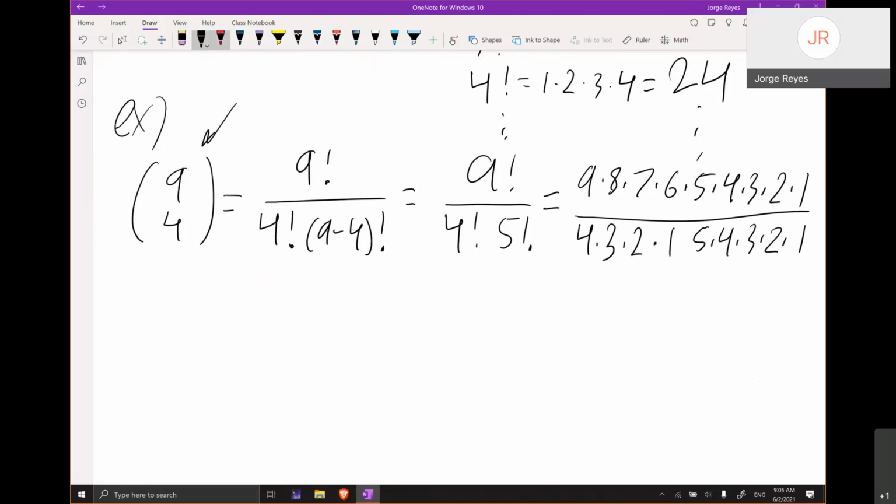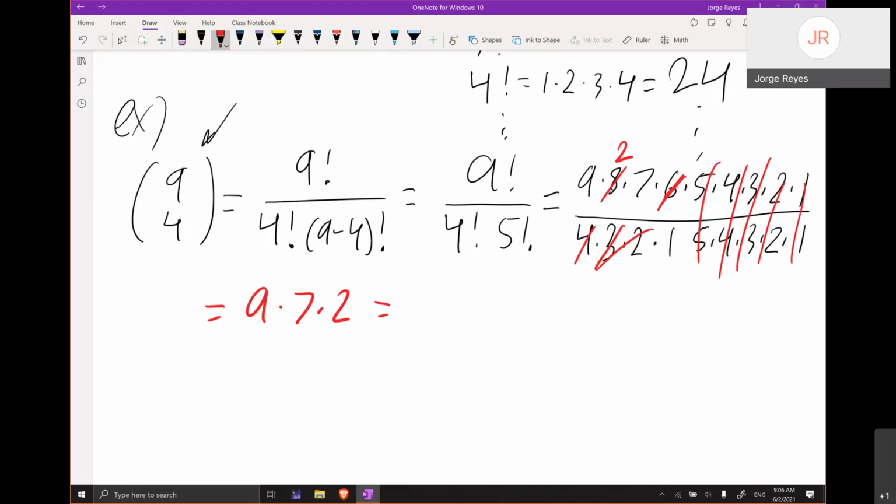Okay, and since there's no pluses anywhere, you can just cancel a lot of things. So I'm going to cancel the 3 and the 2 with the 6 here. I'm going to cancel the 8 with the 4 and get a 2 left over. And look, I literally canceled like everything. The only thing that's left is 9 times 7 times 2. Which you can do in your head, right?